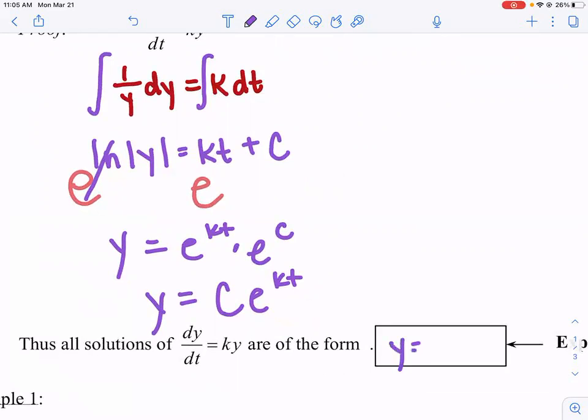Former students have called it kect, but cekt is fine. Whatever. If dy/dt equals ky, then every time we solve the differential equation, we get y equals c e to the kt. Do you see why we're talking about exponential growth and decay?